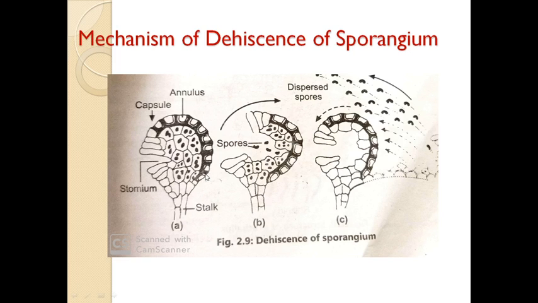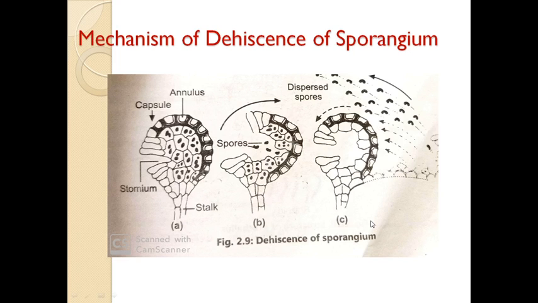Each spore is more or less kidney shaped, slightly flattened. The spores are dark brown in color. Spores are haploid, meaning each consists of a single nucleus with protoplast. It is made up of two layers.